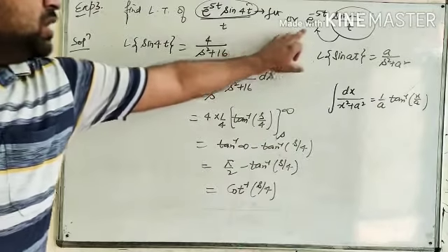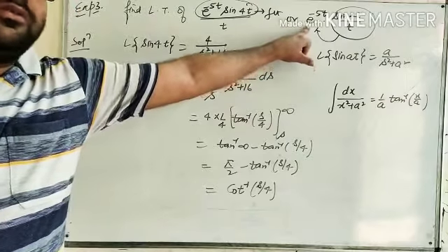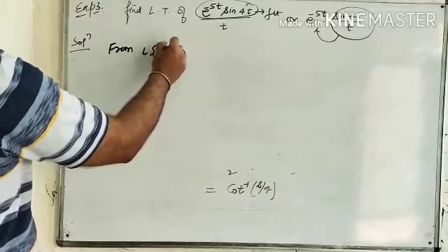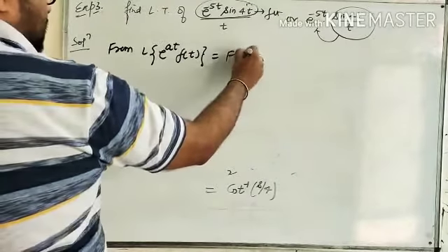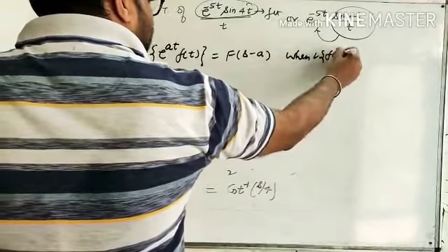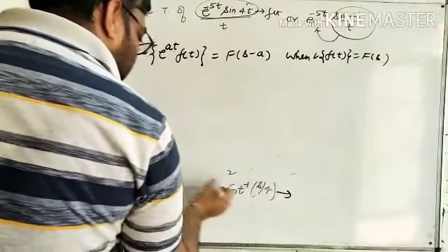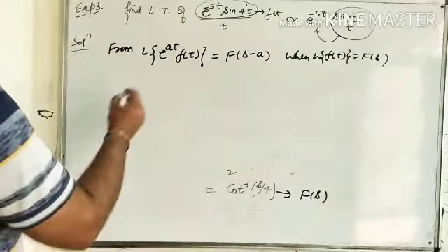Now we have to solve this for the exponential term e raised to power minus 5t into f(t). From Laplace of e raised to power at f(t) is equal to F(s minus a), when Laplace of f(t) is equal to F(s). So this cot inverse s by 4 will work as F(s).